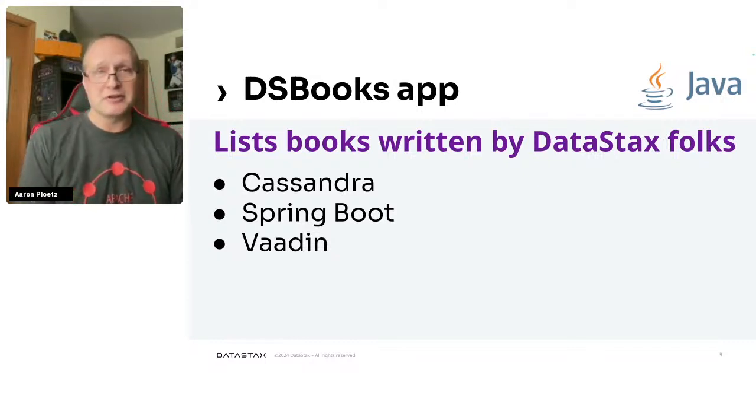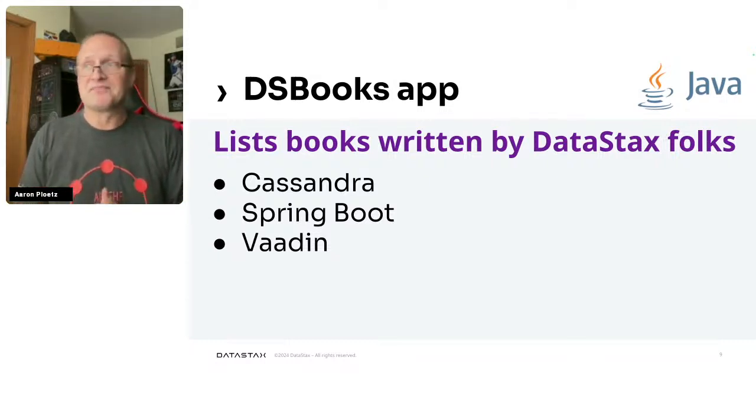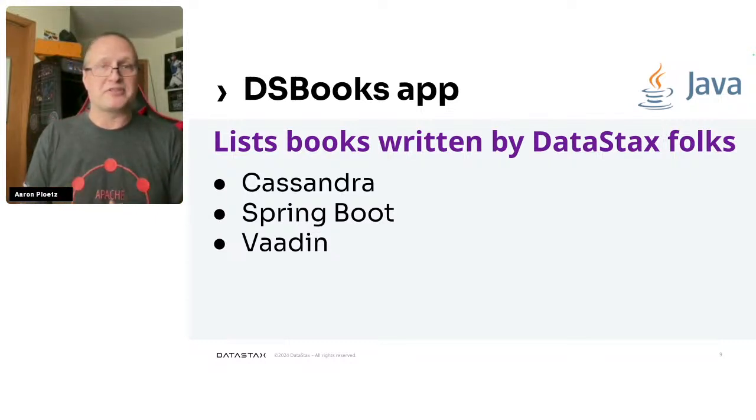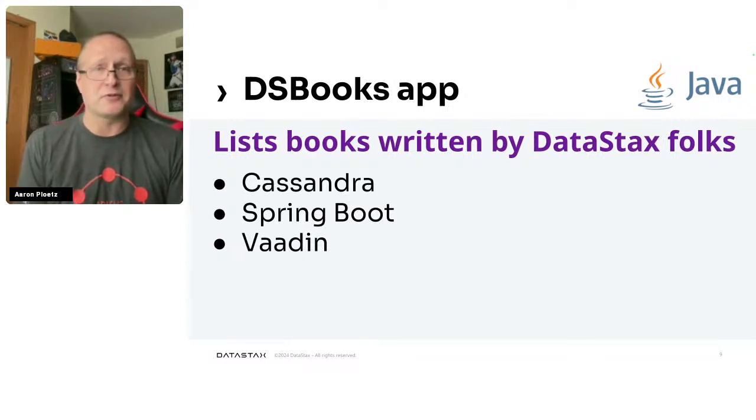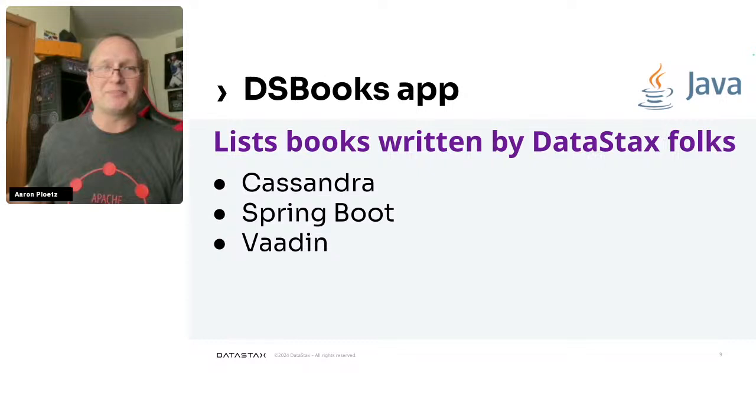The stack that we're going to use, on the back end, is Cassandra or DataStax Enterprise. The controller layer is built using Spring Boot, and then Vaadin allows us to build really quickly, in pure Java, a component-based GUI front end for the web. So those are the three things we're using to put our application together.